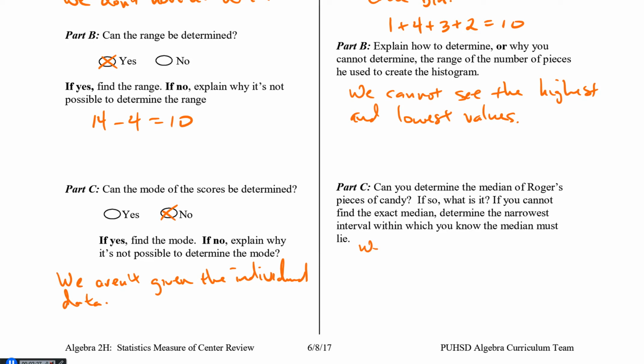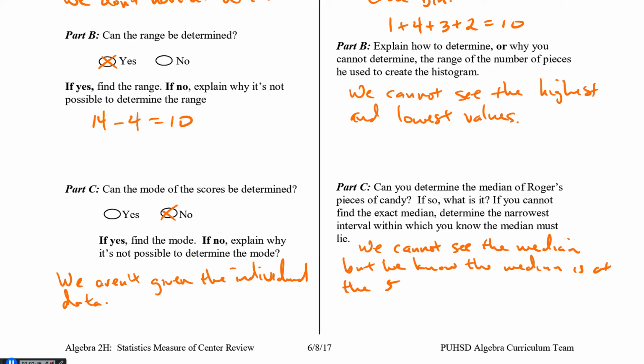So we cannot see the median, but we know the median is at the 5th jar.